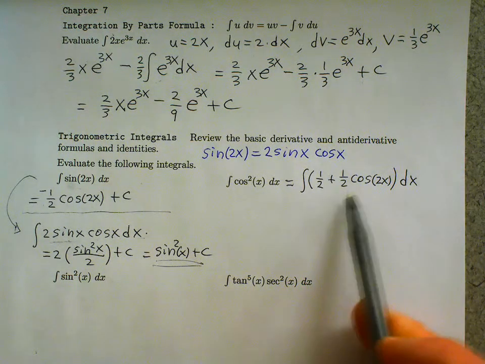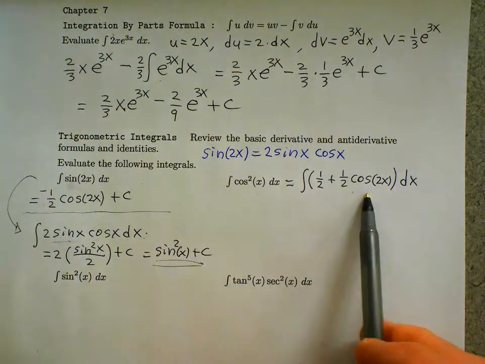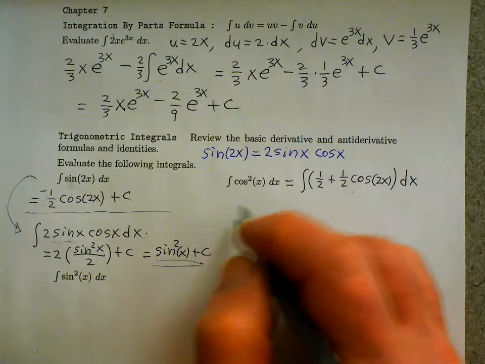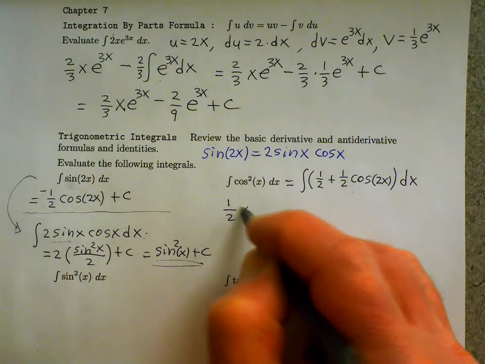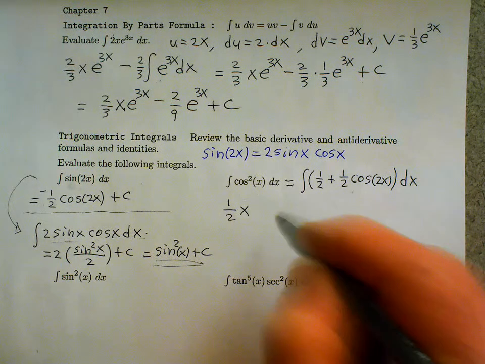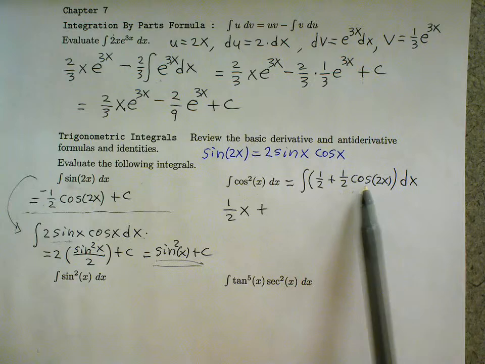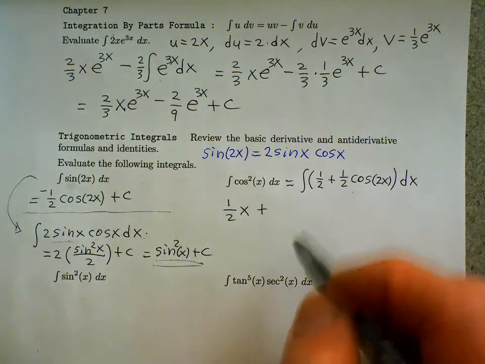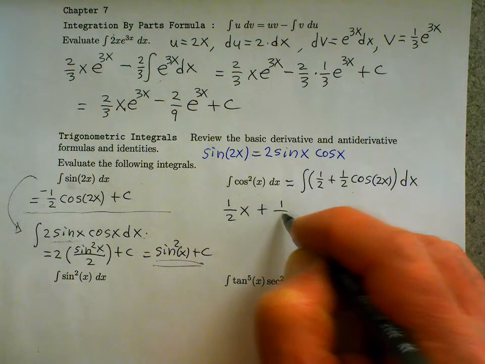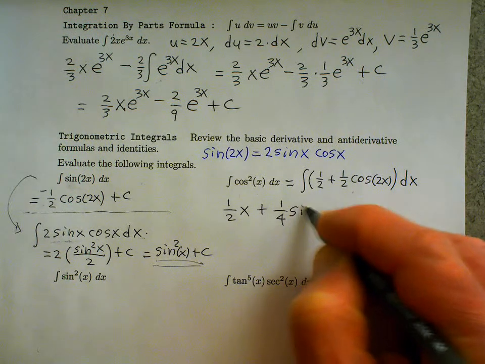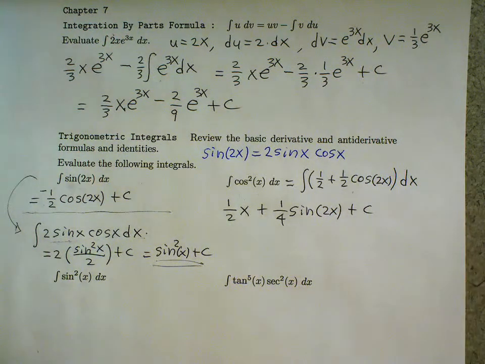And then we can find the antiderivatives of those easily enough. An antiderivative of 1/2 with respect to x is 1/2 x. And then an antiderivative of 1/2 cosine of 2x is 1/2 times 1/2. I'll just write it as 1/4 times sine of 2x, and then plus a constant.